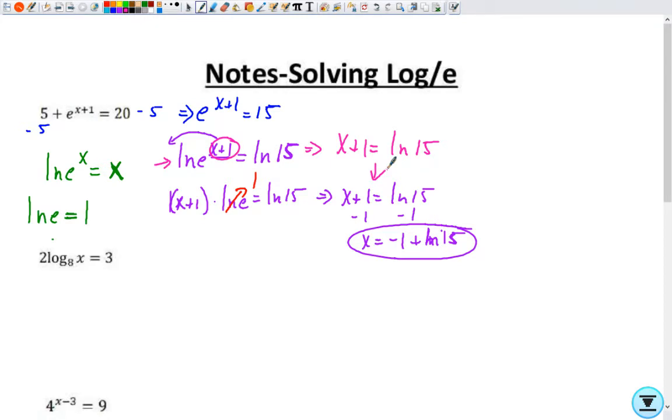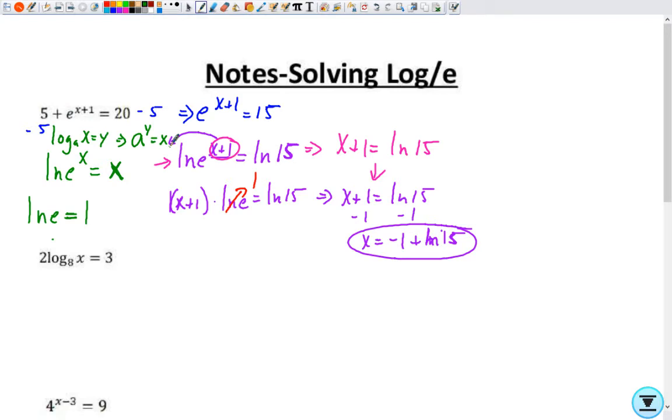So there's a second way. Also, right here, before I took the natural log of both sides, I could have used the property that says log base a of x equals y can be changed to its exponential form, a to the y equals x.